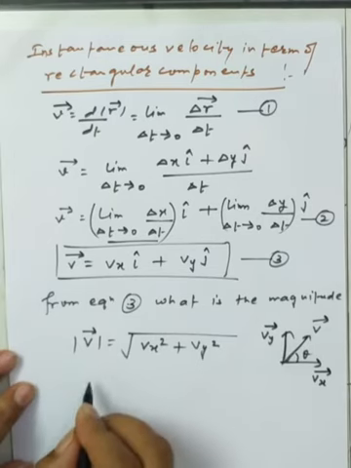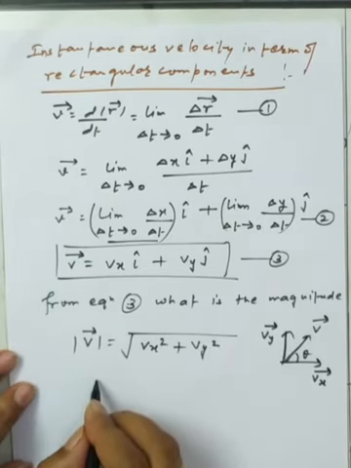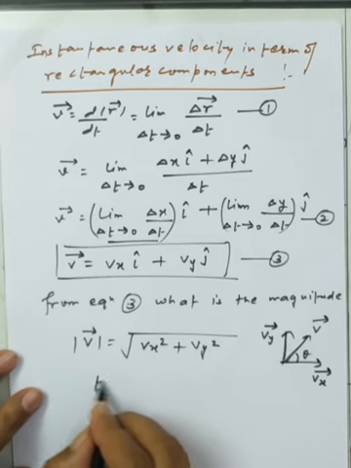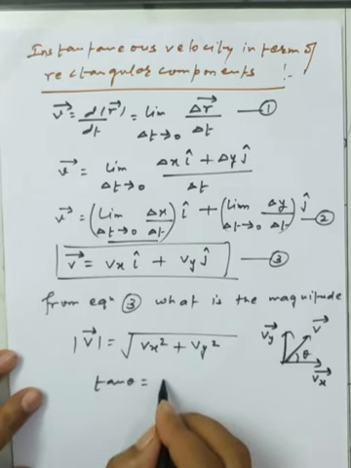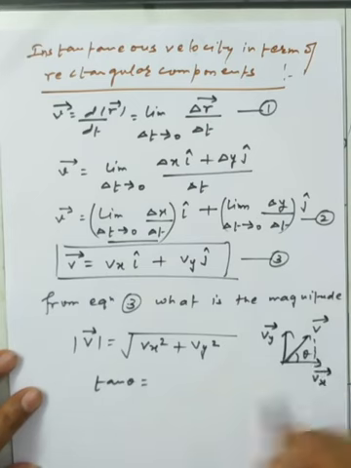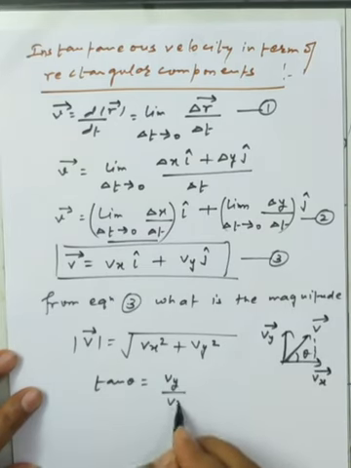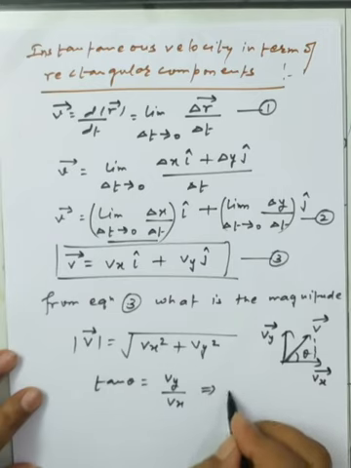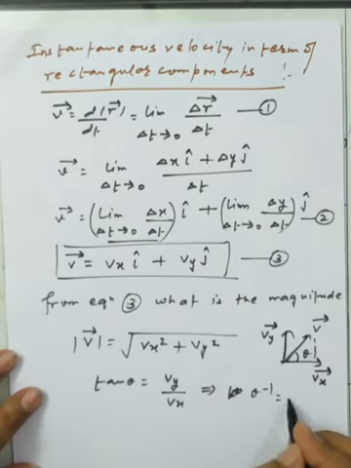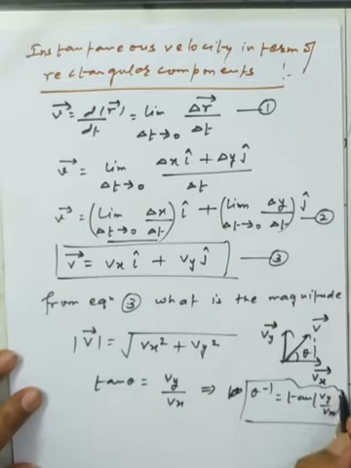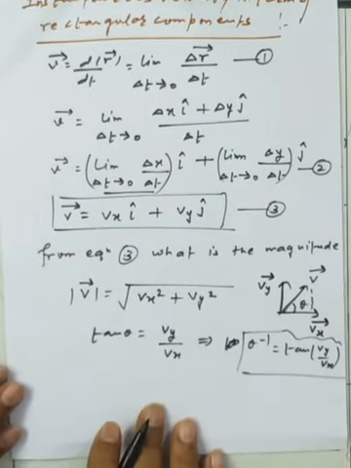So easily we can find the direction of the instantaneous velocity. tan theta can be stated as perpendicular upon base, so we can write vy upon vx. This implies that theta is equal to tan inverse of vy upon vx. This is the simplest approach we have to convert the parameter in terms of rectangular components.